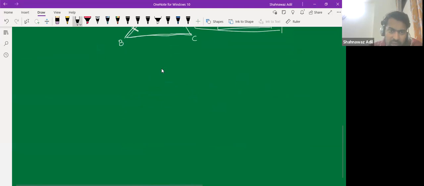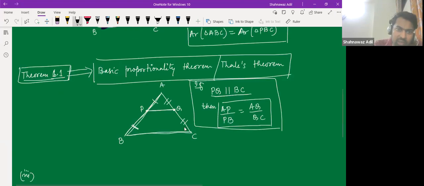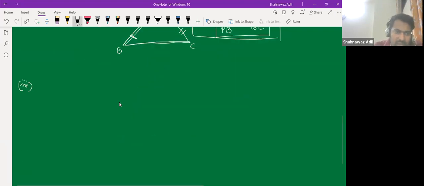Okay, and one more preliminary that I will talk about. Please write it before this one. The other preliminary is the area of a triangle. What is the area of the triangle? Half into base. I can choose any base.